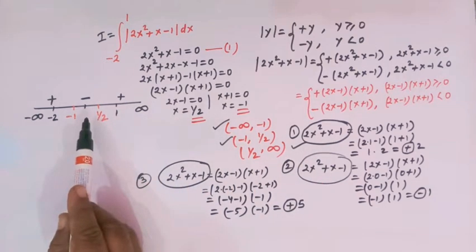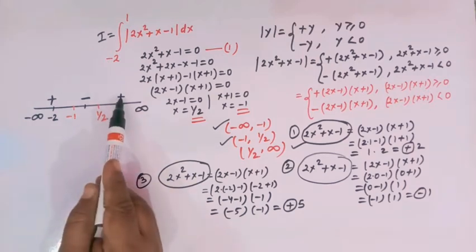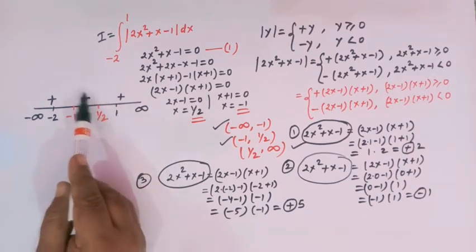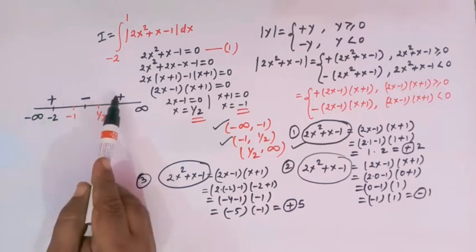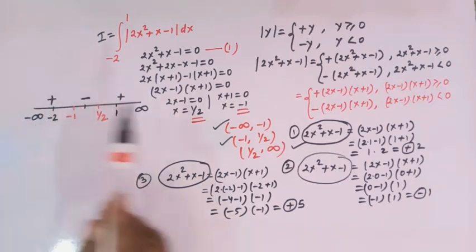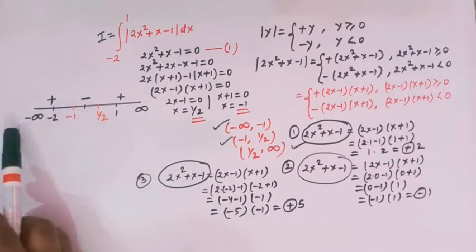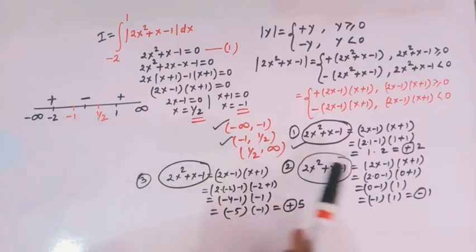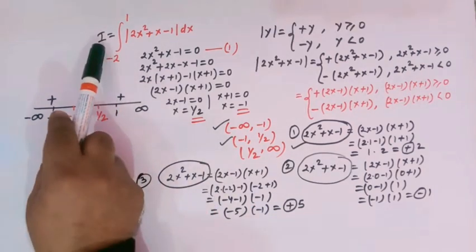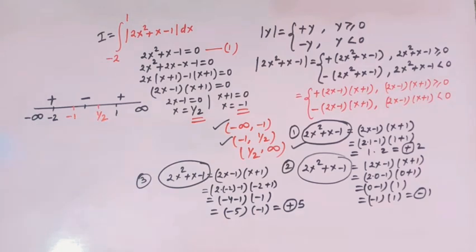So here one interesting thing we note is that we have plus sign, then minus, and then plus. So this is alternately plus, minus, plus, right? Okay, so now once we have done this, we can split this integral into the sum of 3 integrals.